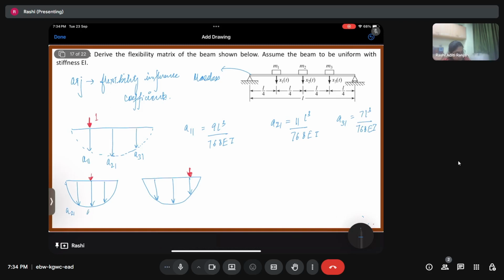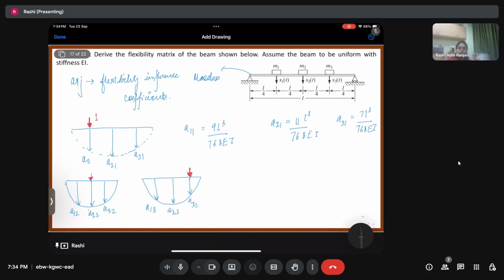Now the load is applied at point 2: A12, A22, A32, and then here we are going to have A13, A23, A33.